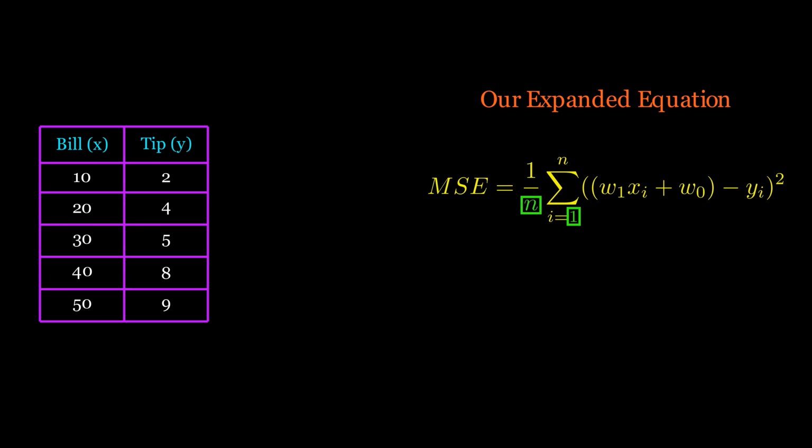We already know the values for x, the bill amount, and y, the tip amount, because they come directly from our data. The real challenge lies with w1 and w0. These are the unknowns. The entire goal of machine learning is to find the most accurate values for w1 and w0 that minimize the error in our predictions.